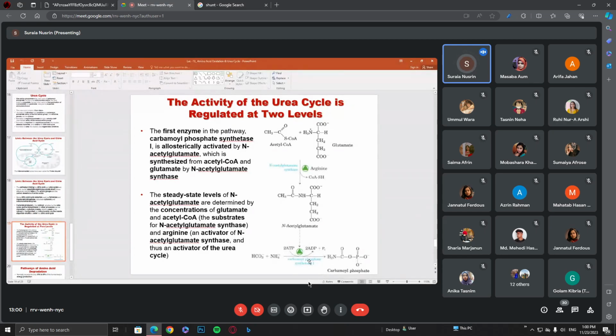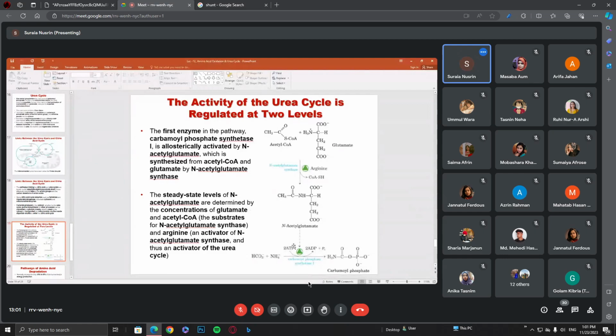This enzyme has an allosteric regulator, and that is N-acetyl glutamate. So that means it is an activator of the enzyme. If it is present, then the enzyme is activated and will do the reaction.